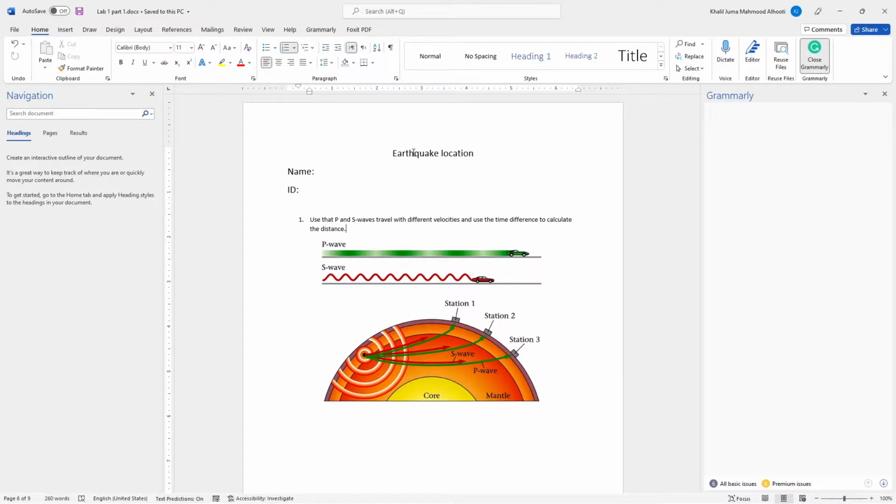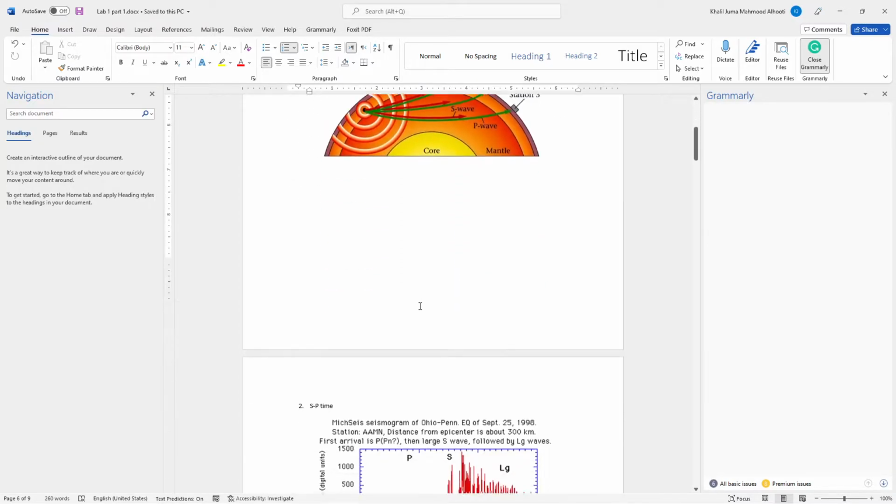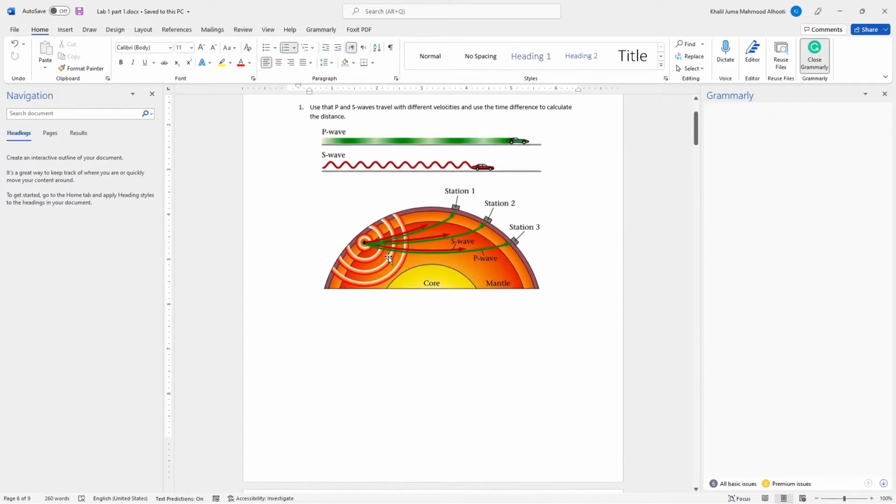And to know this information, you need stations, or what we call seismometers, that record the energy emitted from the earthquake. Usually, we need a minimum of three different stations. So, the minimum requirement is to have three stations.